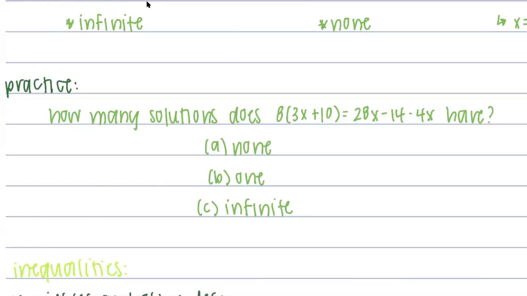Okay, does anybody want to explain? Yeah, go ahead, Alexa. I think there's no solution. Yeah, that's correct. Can you just quickly tell us how you got that? Wait, is it one solution or no solution? There are no solutions.